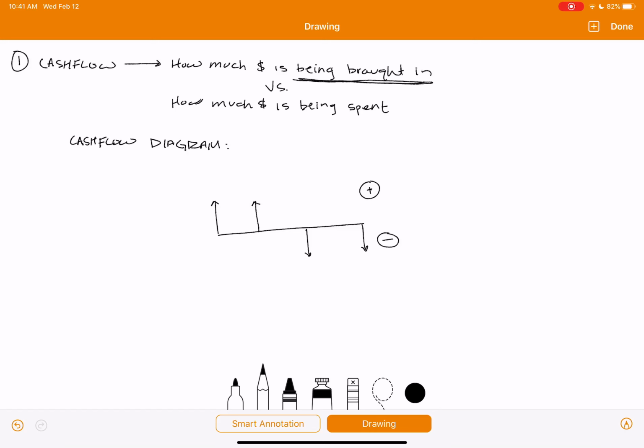So each of these arrows would have a time associated with them. So time period 1, time period 2, time period 3, time period 4. Sometimes this starts at time period 1. Other times it starts at time period 0.